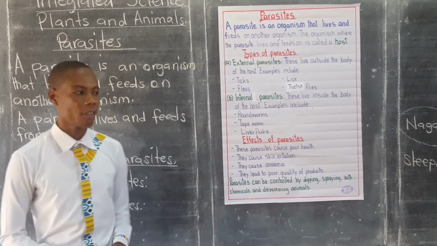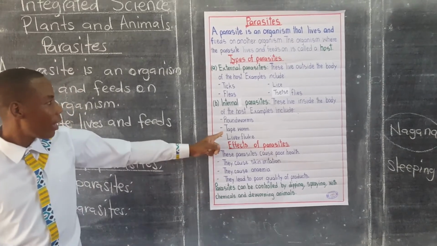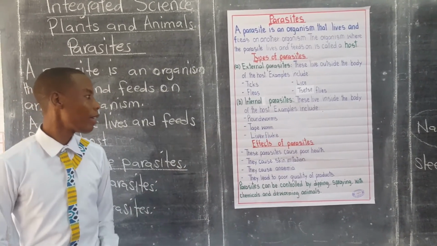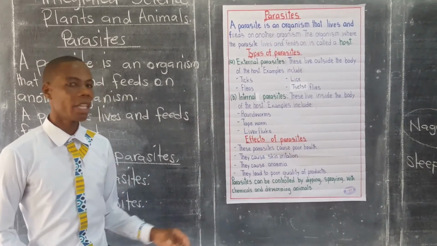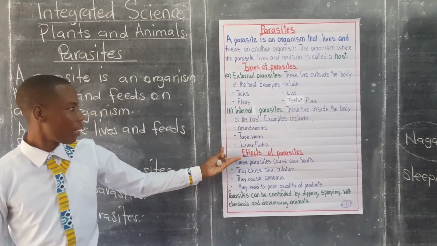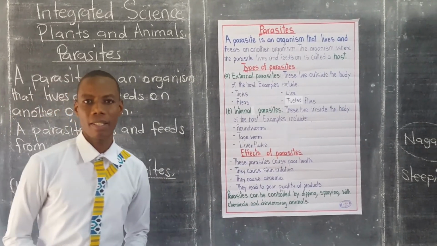It is going to be of very poor quality. Internal parasites such as roundworms, tapeworms, liver fluke as well, they cause different diseases. Internal parasites such as liver fluke will make you lose your appetite.